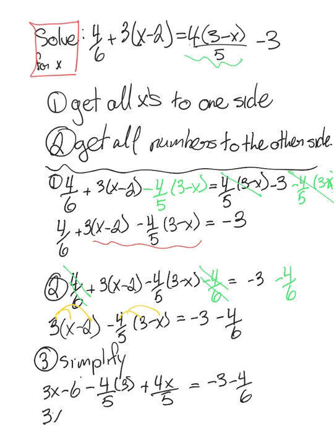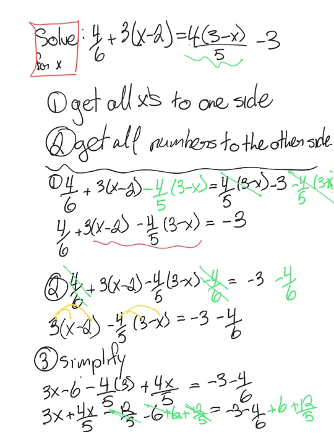So therefore we have 3x plus 4x over 5 minus 12/5 minus 6 plus 6 plus 12/5 equal -3 minus 4/6 plus 6 plus 12/5. And then as we can see, these will cancel out, and this and that will cancel out.